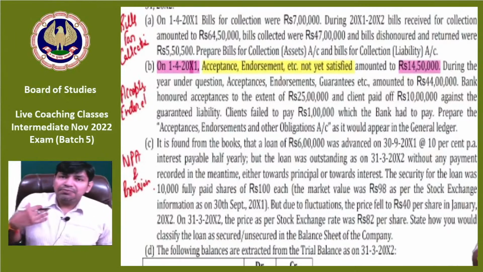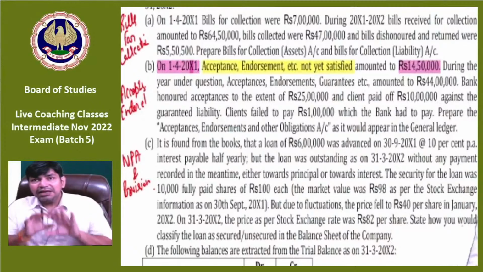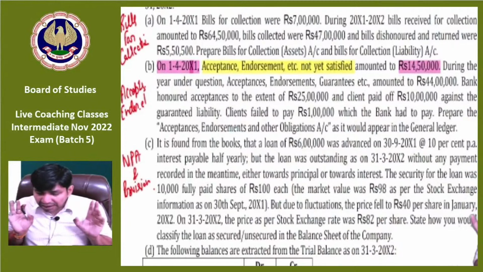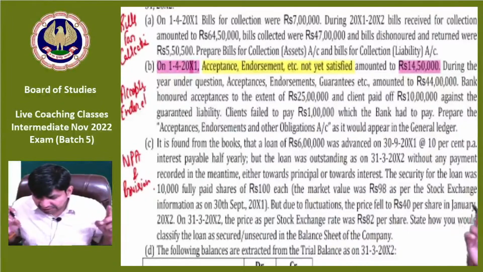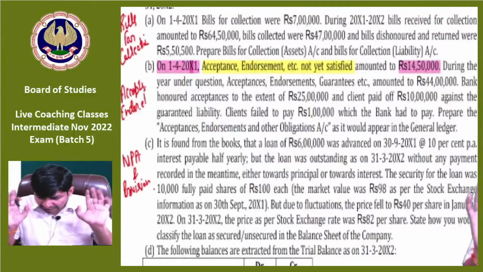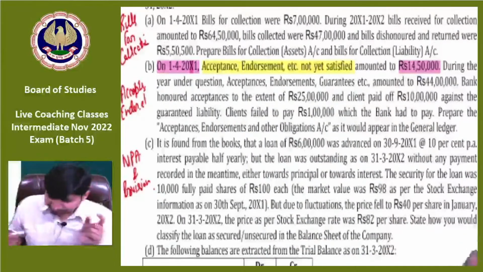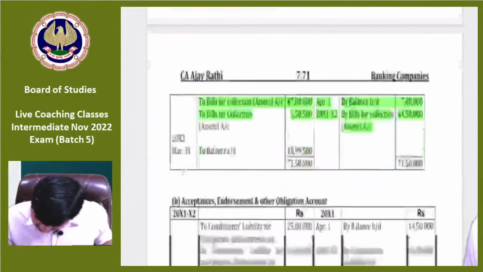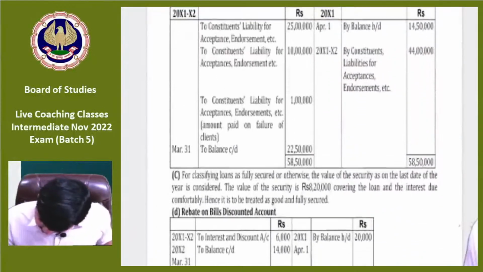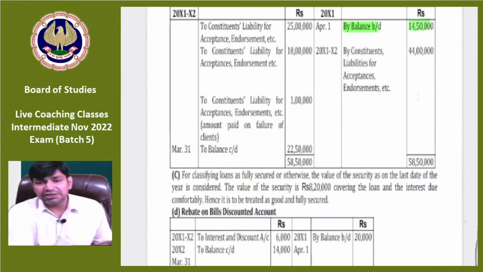At present, I am the bank, I have given just a guarantee and I am only in fear. Although I will charge the customer for the guarantee, I don't need to pay unless the circumstances happen. So 14,50,000 is my opening balance of contingent liability. This is a liability account, but contingent.